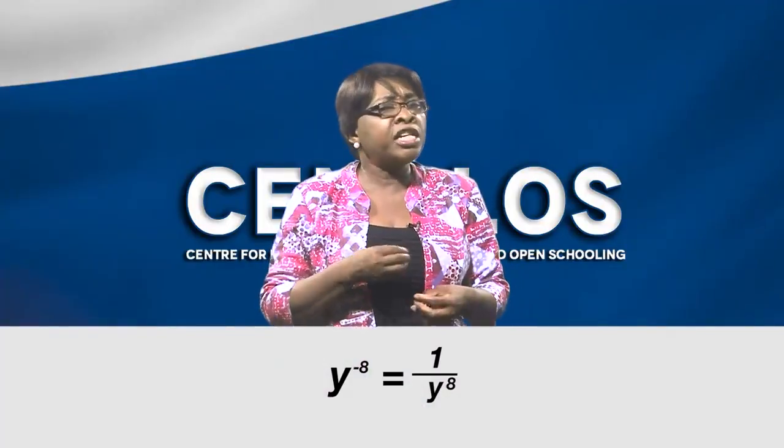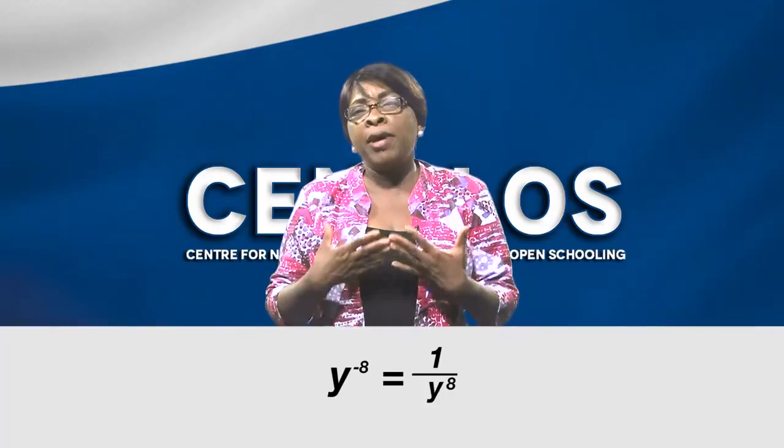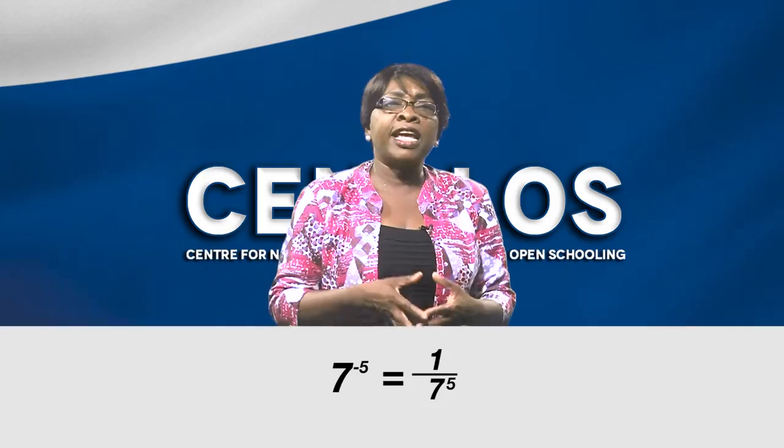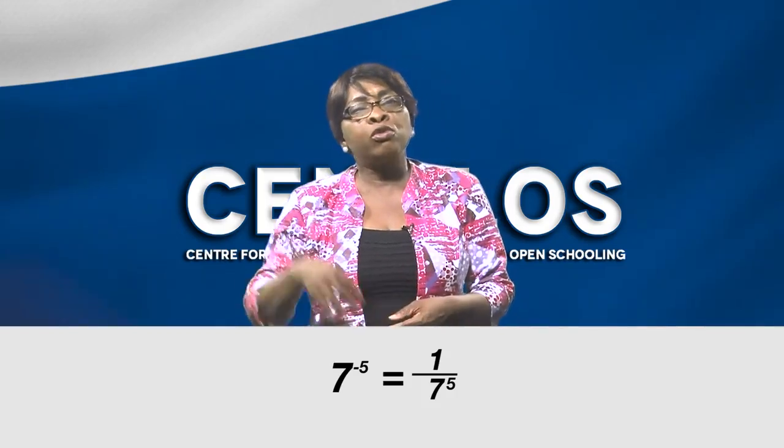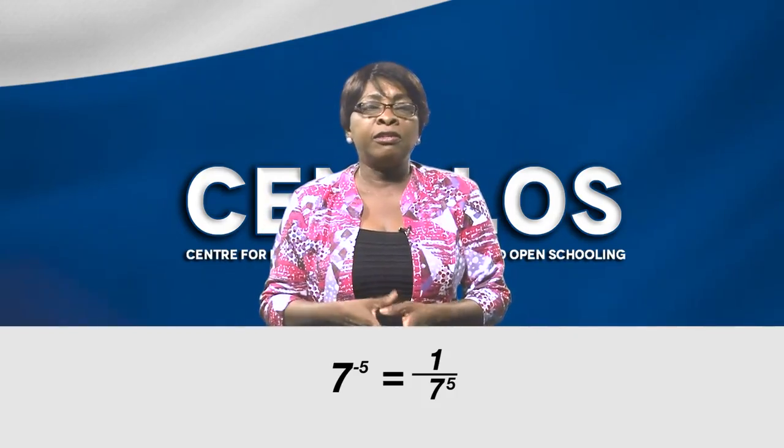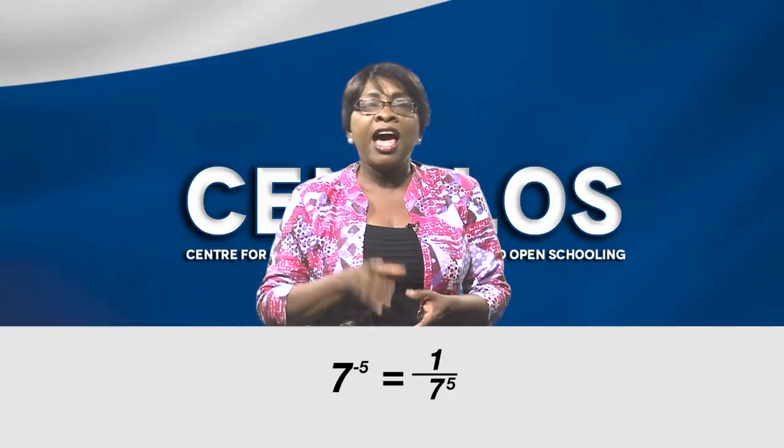And we will use this as well as we go along working questions and indices. And so if you have y raised to the power negative 8, you can quickly change it to a positive index by putting 1 over y to the power 8. 7 raised to the power negative 5 is equal to 1 over 7 to the power 5. I hope you got that as well.